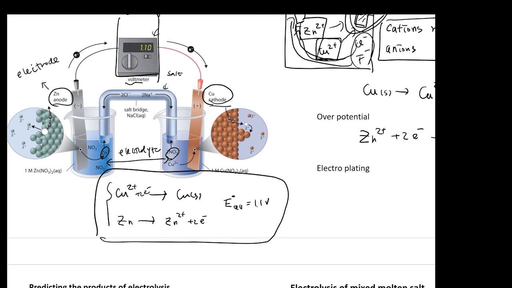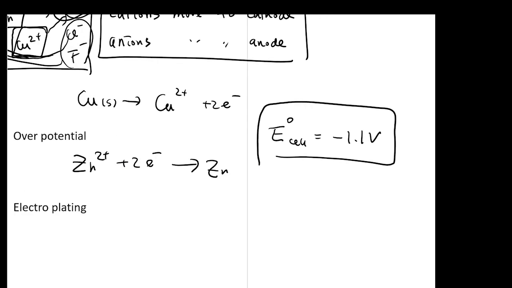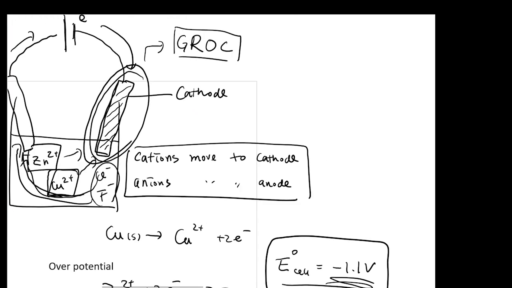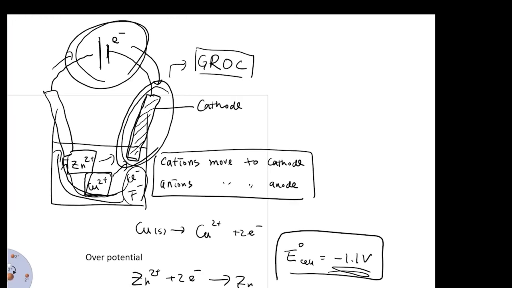But right now, what we really want to do is reverse the reaction. By doing that, your E naught cell becomes negative. That negative sign means you can only make it happen when you provide a battery with a higher voltage than that.